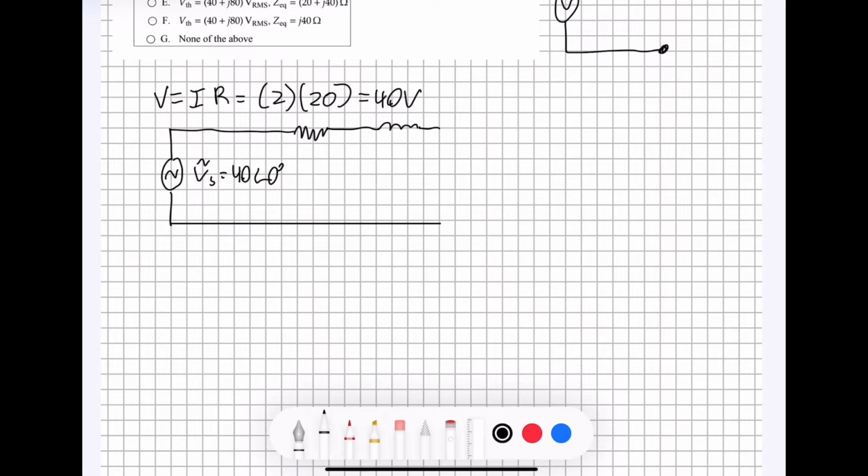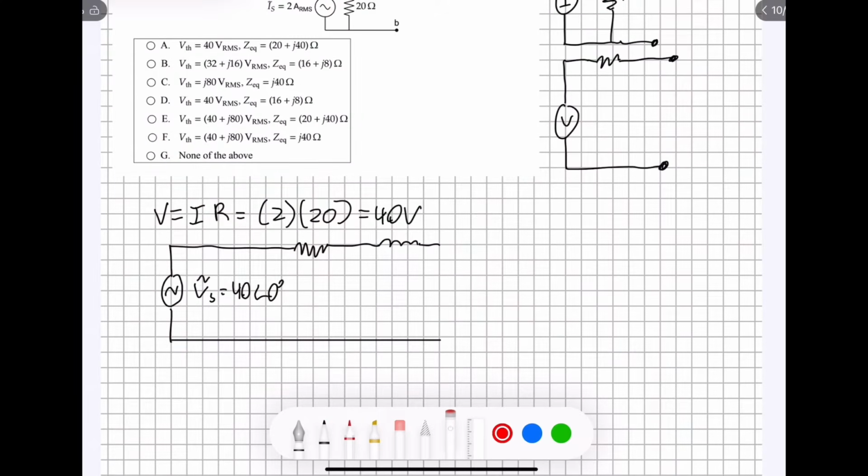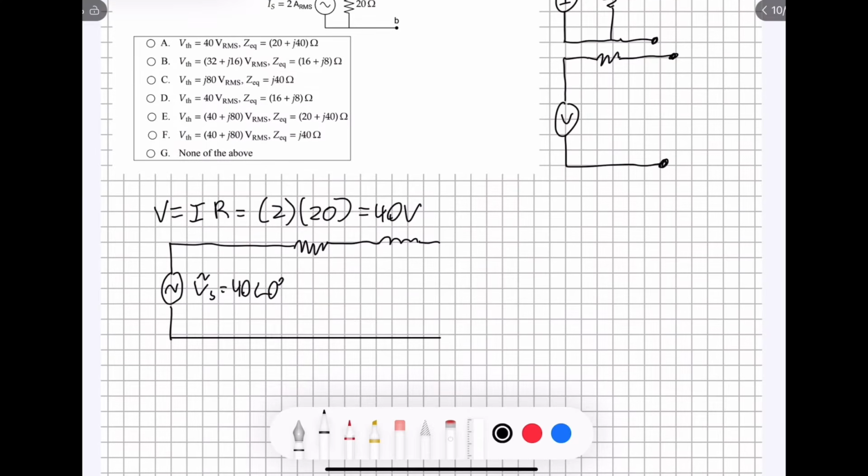The resistance is going to stay the same, but we see that it's now in series with this inductor right here. So we've got a 20 ohm resistor in series with J times 40 ohms.